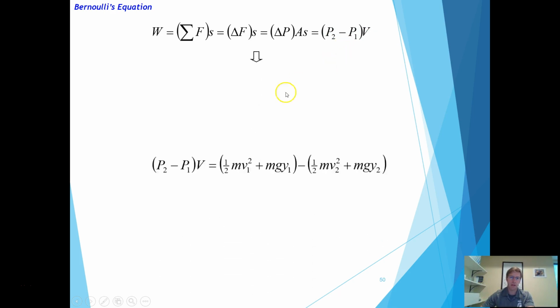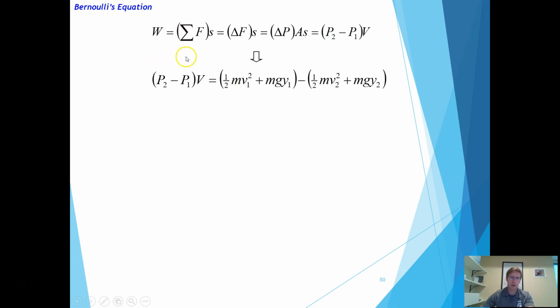And so what we find is that the net work being done on a fluid is just going to be equal to the change in pressure multiplied by the volume of water moving through your system. So we can set that equal to what we already know about energy, right? This work is going to be equal to our change in energy: the energy we start with minus the energy that we end up with.